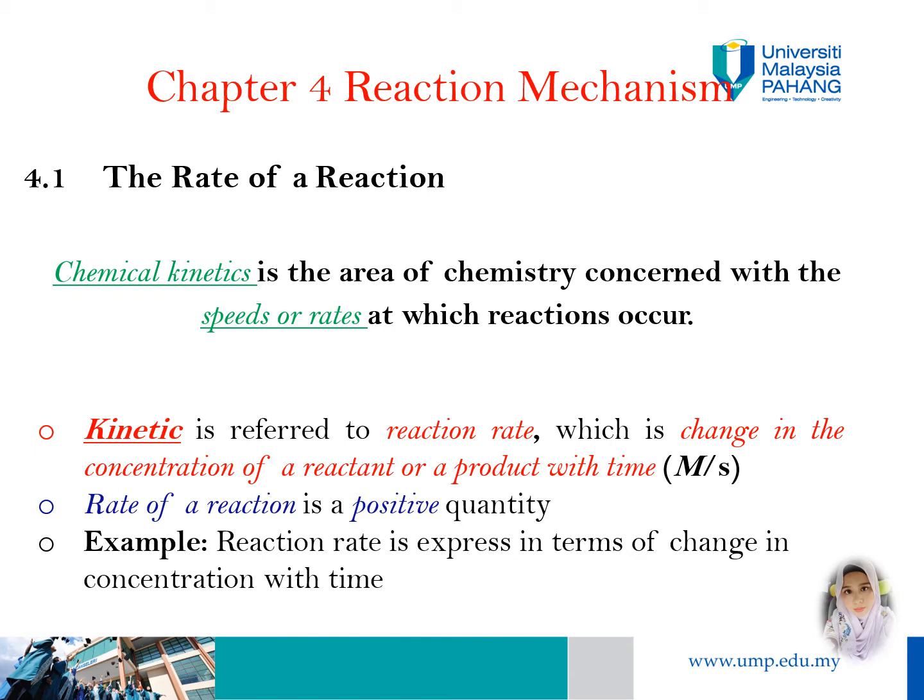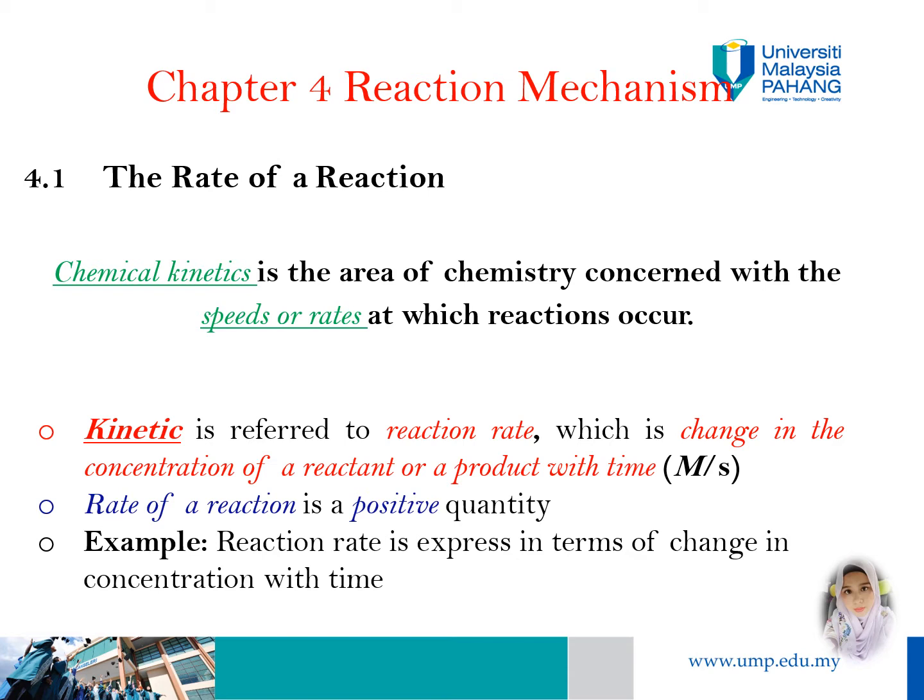Okay, what is meant by the rate of reaction? According to chemical kinetics, the rate of reaction is related to the speed or rate at which the reaction occurs. Kinetics refers to the reaction rate and the change in the concentration of the reactant or the formation of the product, and the unit is molarity over time.